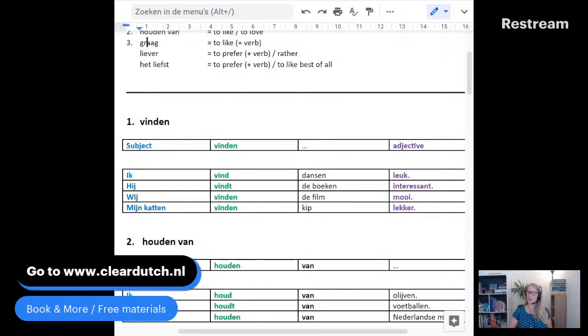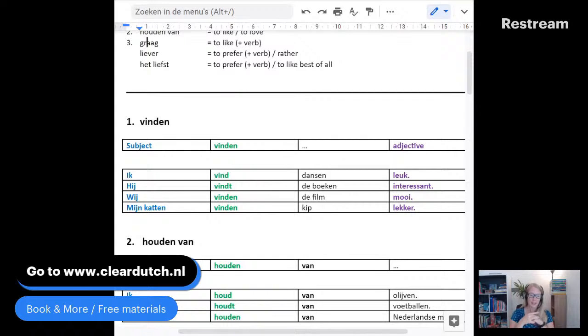So whereas in English you're saying, I like, we actually say, I find pizza delicious. So if you're talking about food, you'll have to use lekker, which is delicious or tasty. If you're talking about how something looks, like a dress, for example, or a shirt, ik vind het t-shirt mooi. You'll have to say beautiful. I find the t-shirt beautiful. So this is literally what we're saying. So you'll have to choose an adjective, but the standard is leuk.